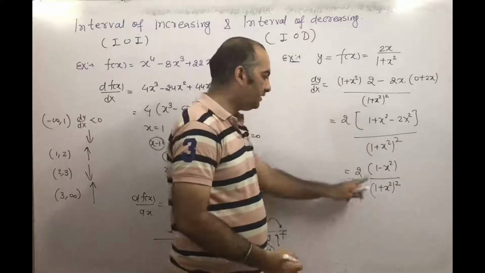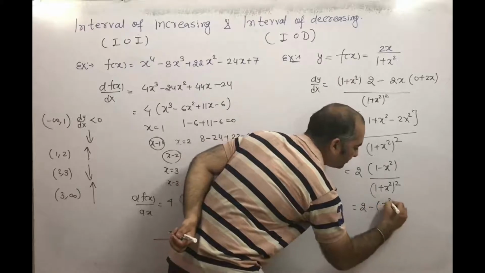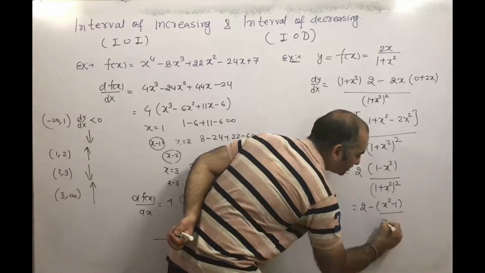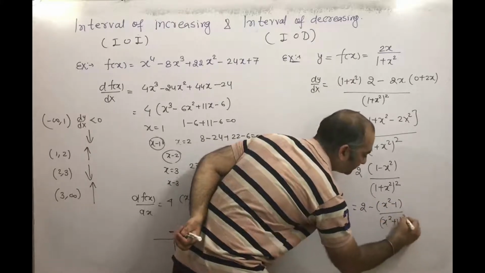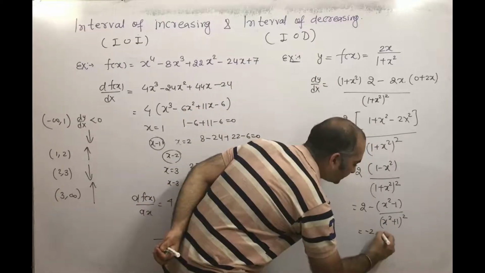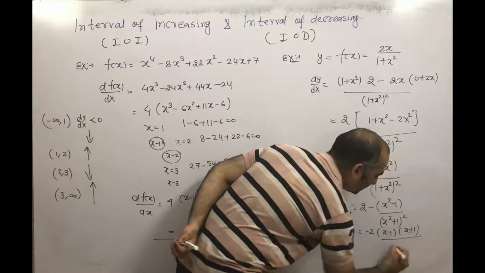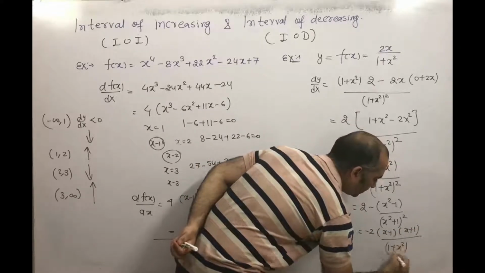We can write this as 2 minus common, (x square minus 1) divided by (x square plus 1) whole square. So this one we can write as minus 2 into (x minus 1) into (x plus 1) divided by (1 plus x square) whole square.